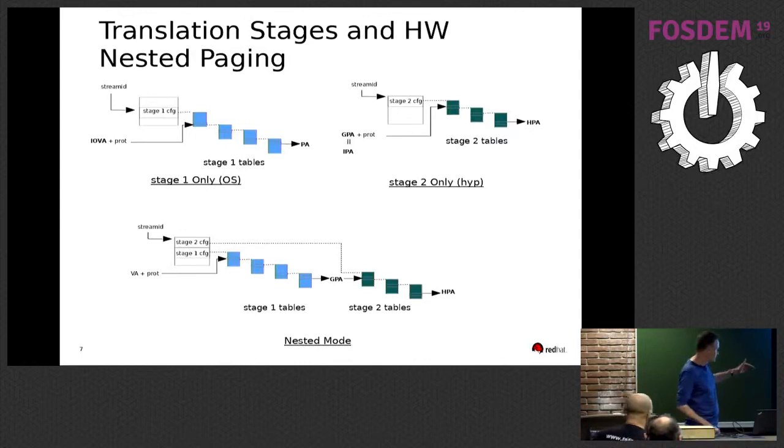So you first execute the stage one, and the output of the stage one is input into the stage two. Okay? And this kind of architecture was really devised for the use case we just saw before. So one stage is in principle controlled by the guest operating system, and the other stage is controlled by the hypervisor. Okay?